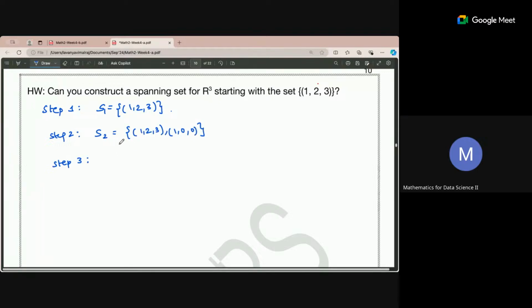What is a typical linear combination of this? Alpha times (1, 2, 3) plus beta times (1, 0, 0). So it should be (alpha, 2 alpha, 3 alpha) plus (beta, 0, 0); the first term is alpha plus beta.